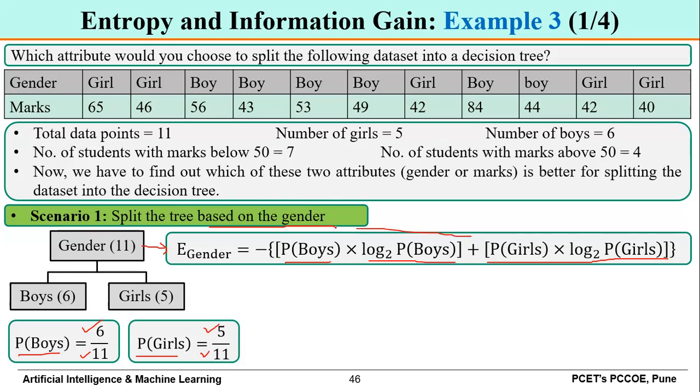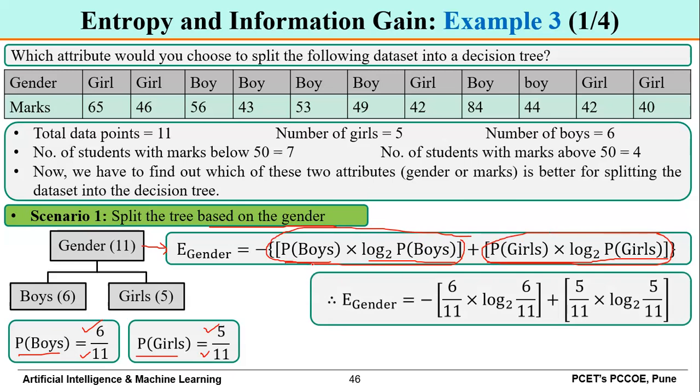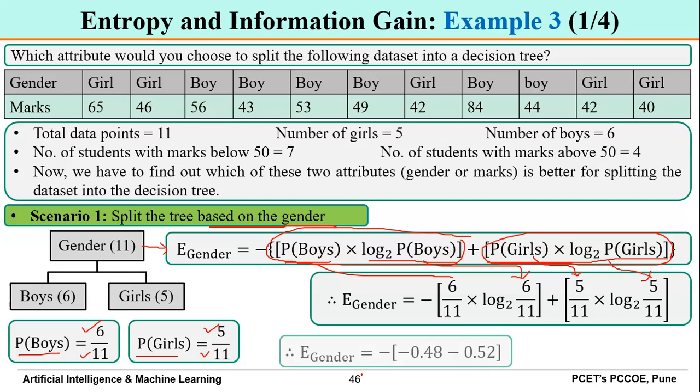The first part will give you the entropy for the boys and the second part will give you the entropy for the girls. The probability of boys is 6 by 11 multiplied by log to the base 2 of 6 by 11. The probability of girls is 5 by 11 multiplied by log to the base 2 of 5 by 11. When you simplify it, you will get entropy for boys as minus 0.48 and for girls it is 0.52.